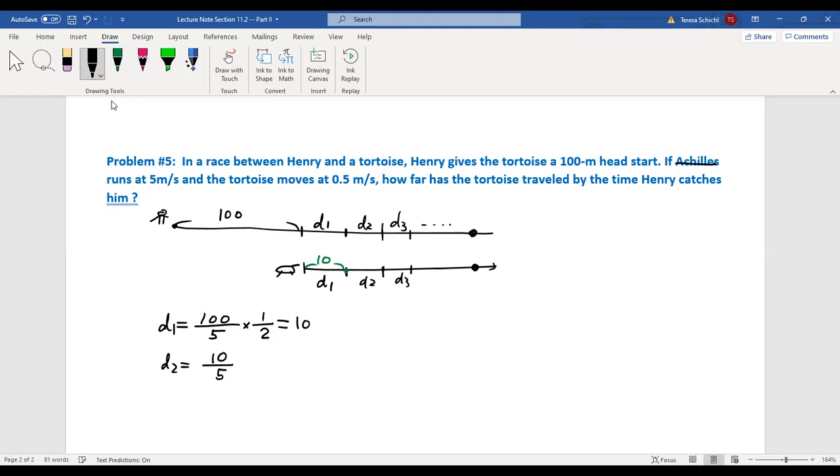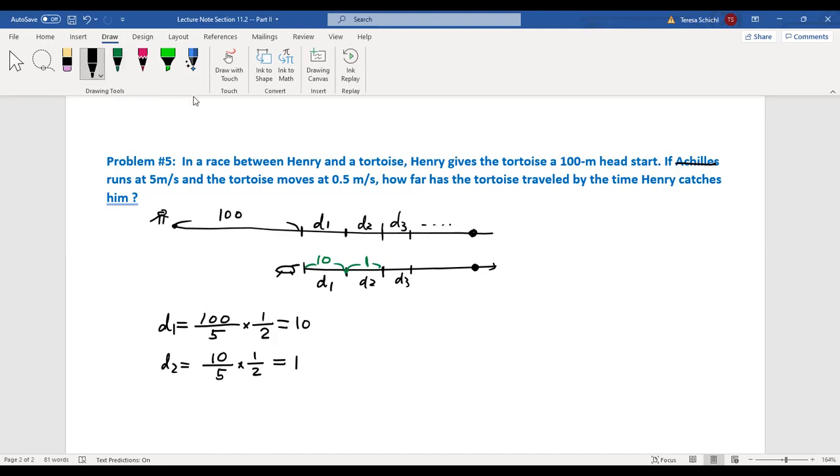So it's 10 meters divided by 5. Now it only takes Henry 2 seconds, and the tortoise only has 2 seconds to run, so it's 1/2. That means this is 1 meter. The tortoise only runs 1 meter, and now Henry is going to catch up again for this 1 meter.